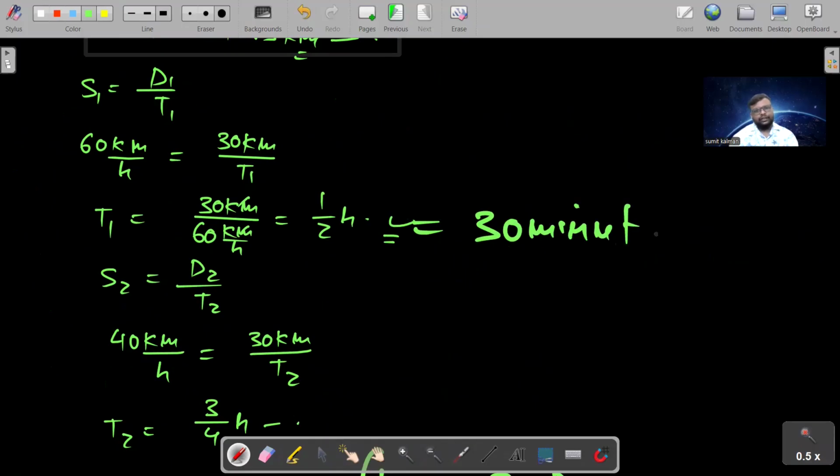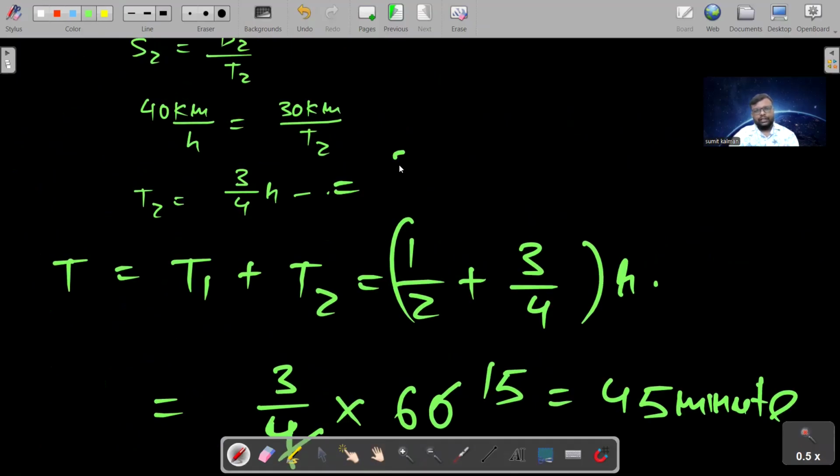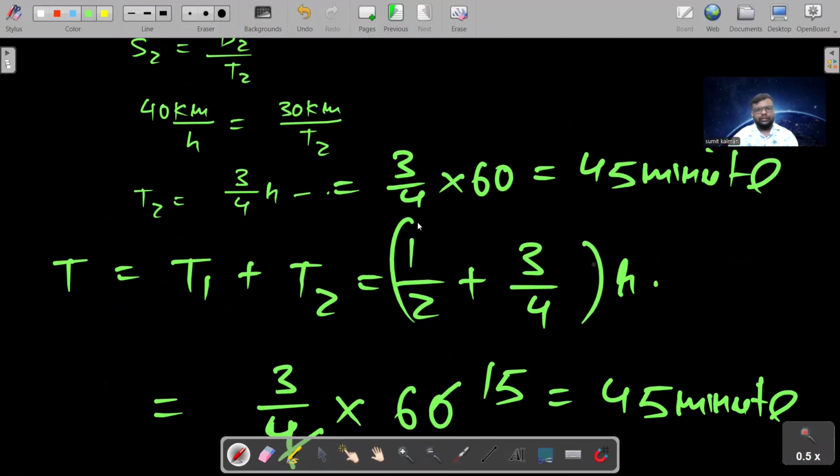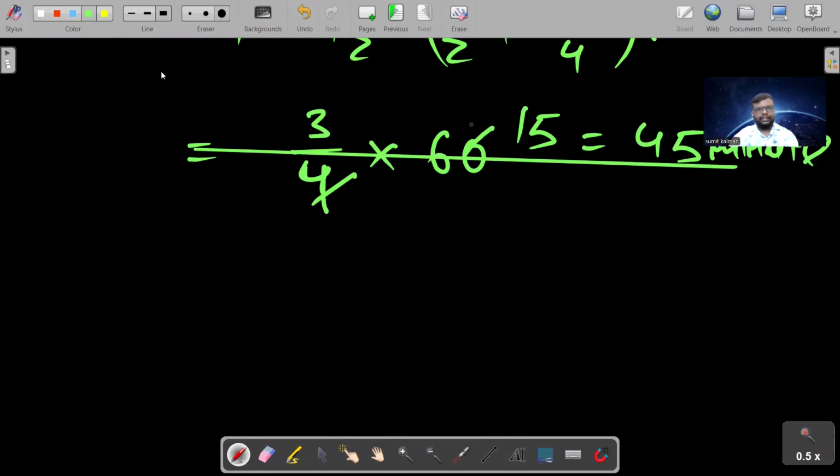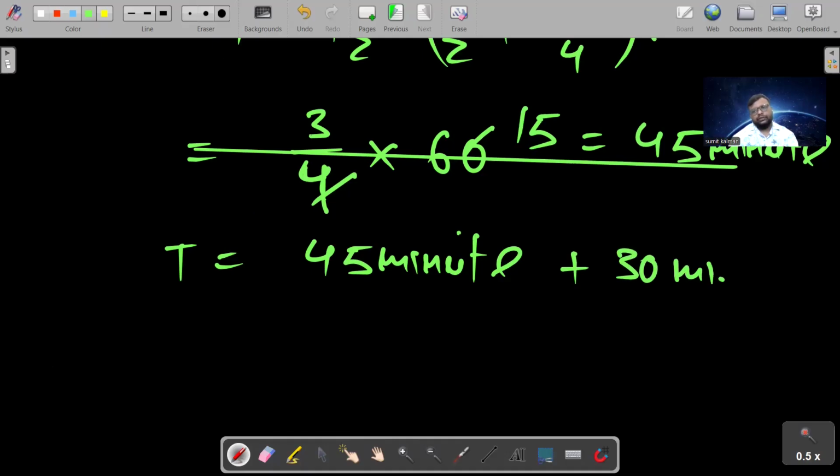And students, here 3 upon 4 hour, calculate separately. 3 upon 4 into 60, it will be 4 15s are 60, 3 15s are 45 minutes. Then add 45 minutes and 30 minutes. Time is equal to 45 minutes plus 30 minutes. So it will be total 75 minutes. We have got it.